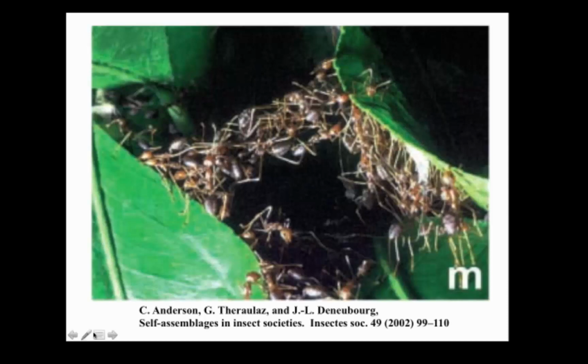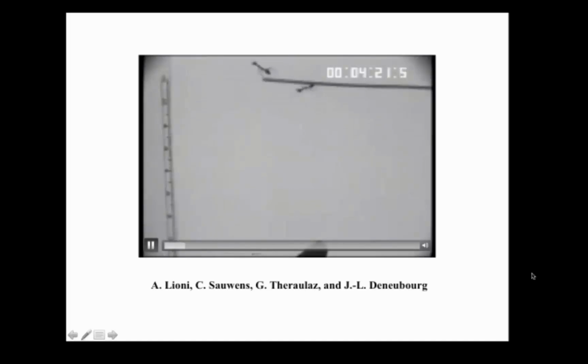Here's an example of ants building a bridge with their bodies so that other members of the ant colony can cross the gap between the two leaves. This video shows ants assembling this kind of bridge. They start up here, come in here on a stick, all the way up at the top, and they're going to eventually chain themselves to go all the way down to the ground.